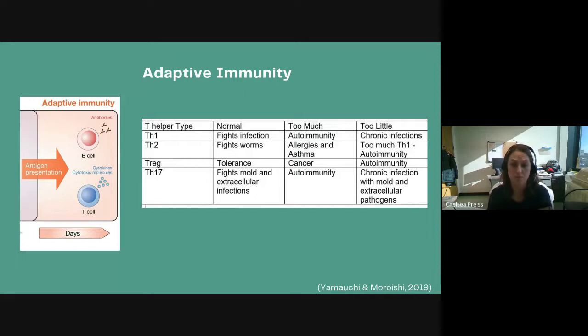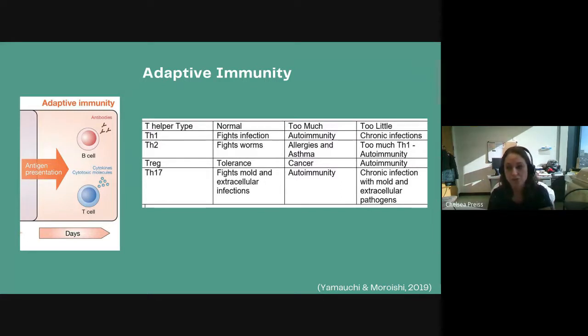All right, the adaptive immunity includes T cells and B cells. T cells are matured in our thymus, and B cells are matured in our bone marrow. B cells are important. They produce antibodies. Some ones of note are IgG, which are made towards bacteria and viruses, and IgE are made towards worms and allergies.